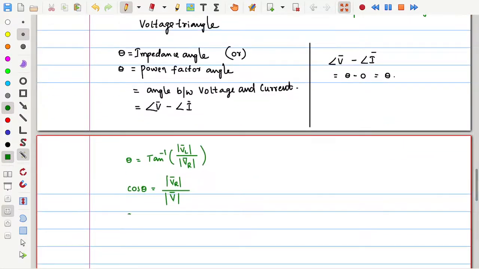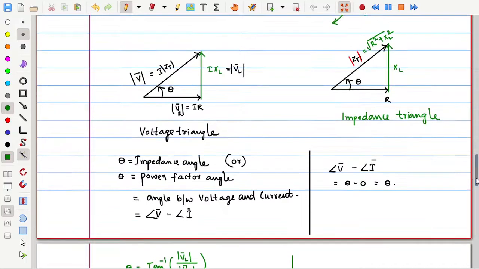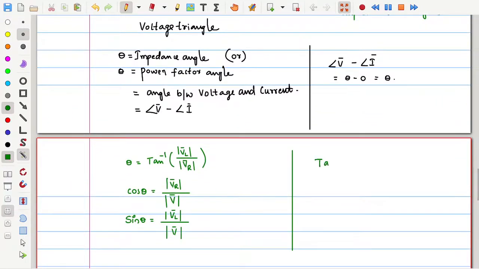This can also be written in the form of sine. Sine theta is opposite by hypotenuse, exactly, so VL magnitude divided by V magnitude. The same thing can also be written from the impedance triangle: tan theta is equal to XL divided by R, or cos theta is equal to R divided by mod ZT, or sin theta is equal to XL divided by mod ZT.